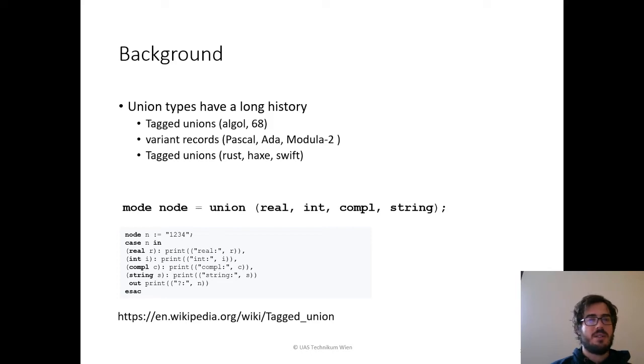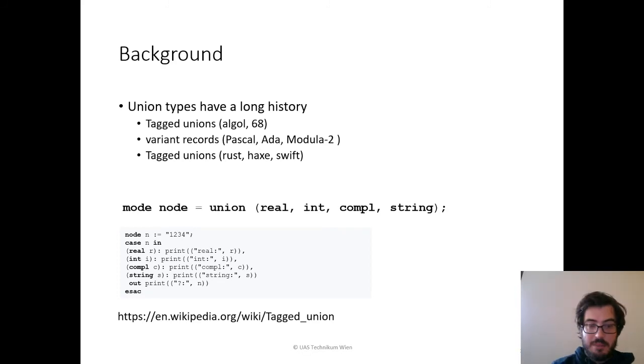And they became popular again because Rust and Swift, for example, have support for tagged unions. And this is the tagged union used in Ada, where we can define a node which is a union of real, integer, complex, or a string, and we can already do pattern matching on this one.